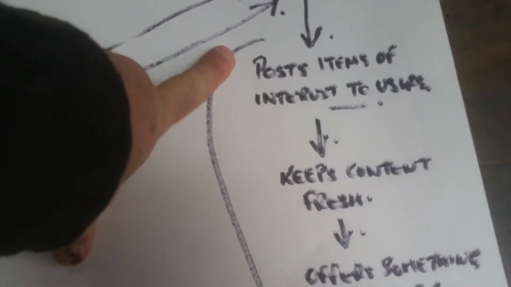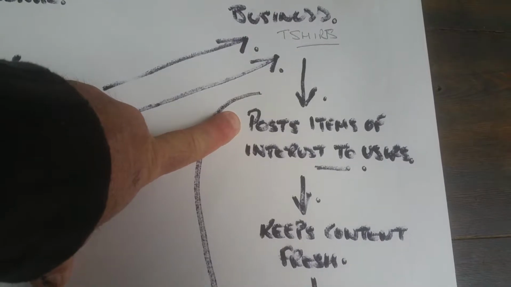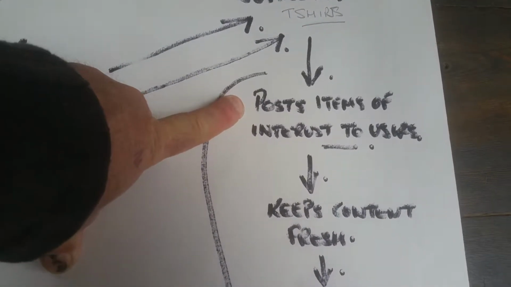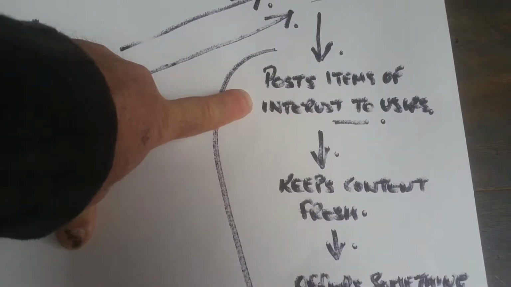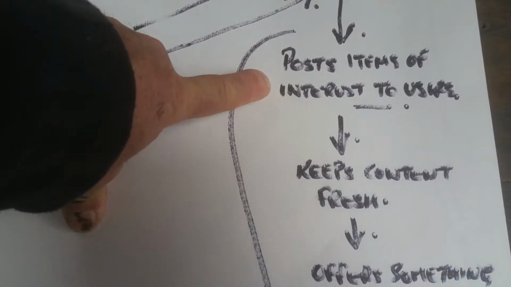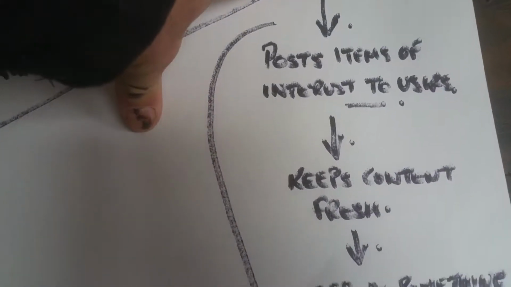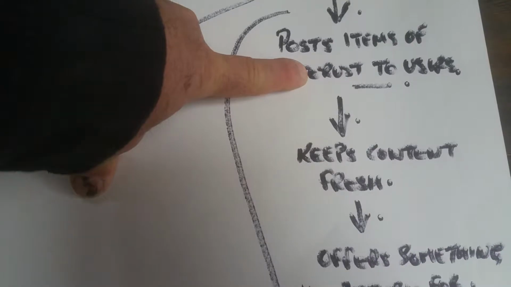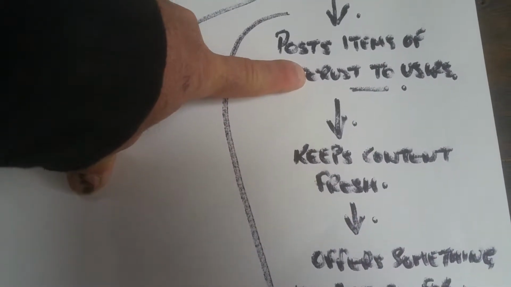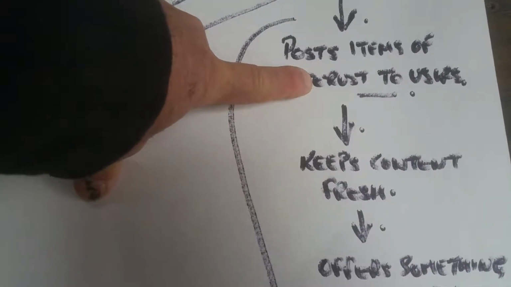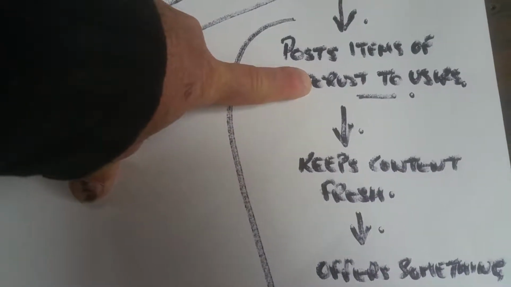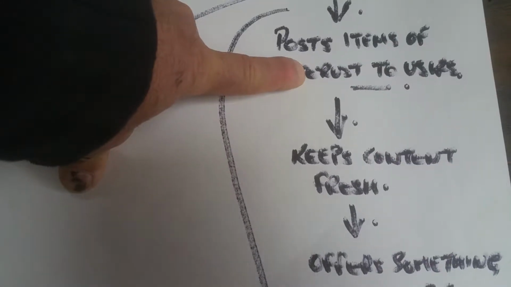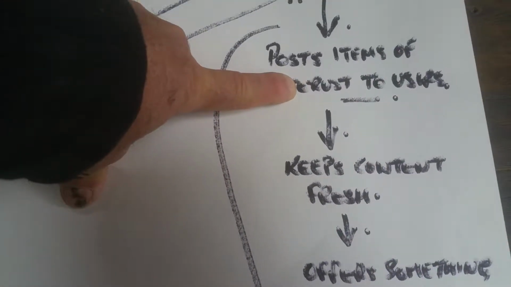So what needs to happen here, you need to post items or posts that are interesting to the end user. And they might not be about t-shirts in general, but it might be some quirky fact. So for argument's sake, it could be that back in 1832 somebody developed the t-shirt with a slogan, and that was the birth of whatever.